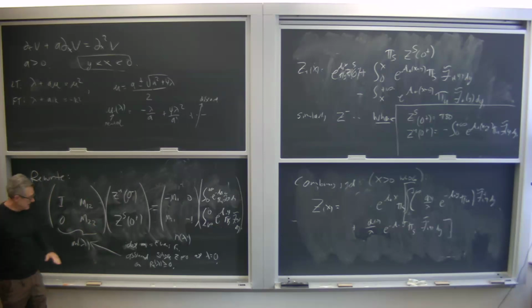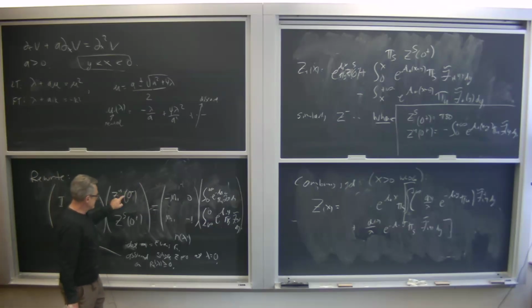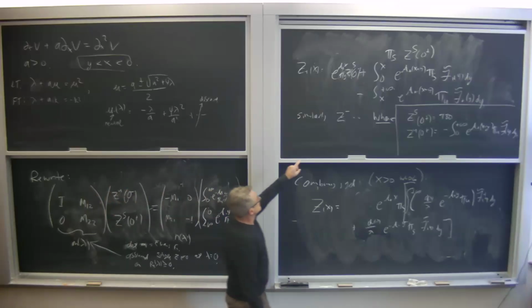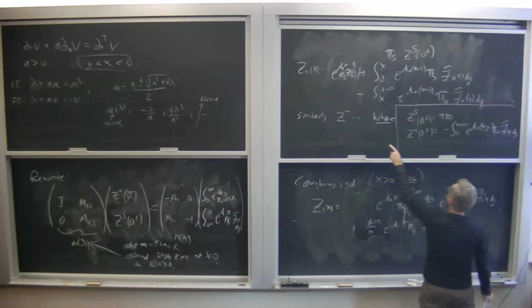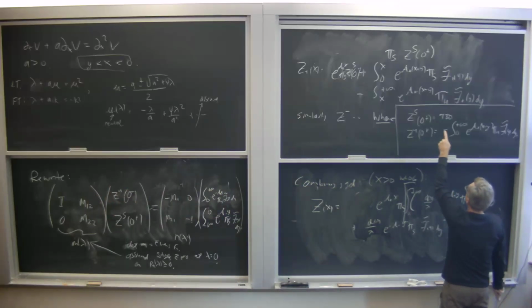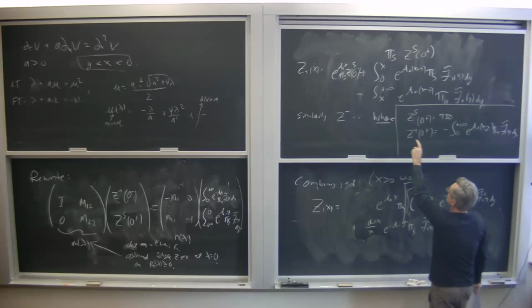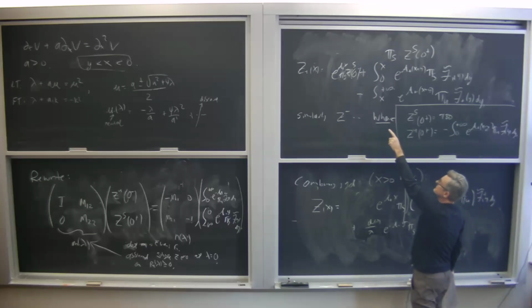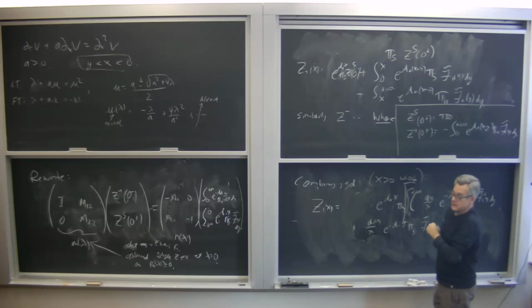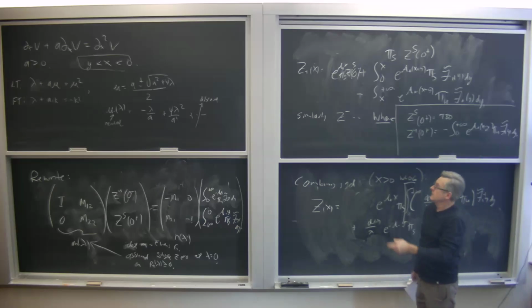Although if I don't have vanishing of this determinant, I just invert this matrix and I find out that these are 0. I plug them back into my formula here and I see, well, if there are no f's and if z_s of 0 minus and z_u of 0 plus vanish, then z vanishes on both sides.